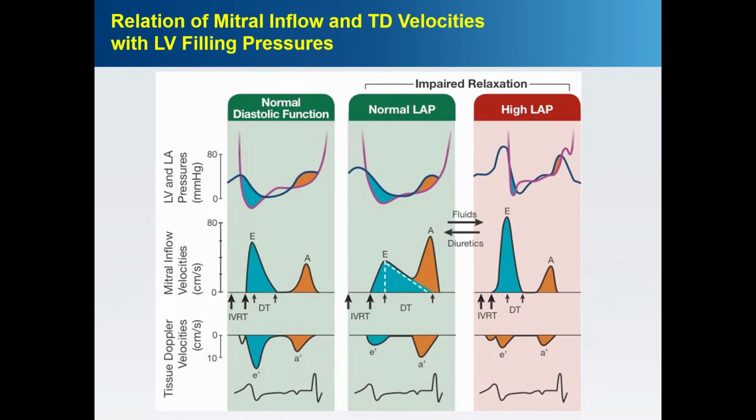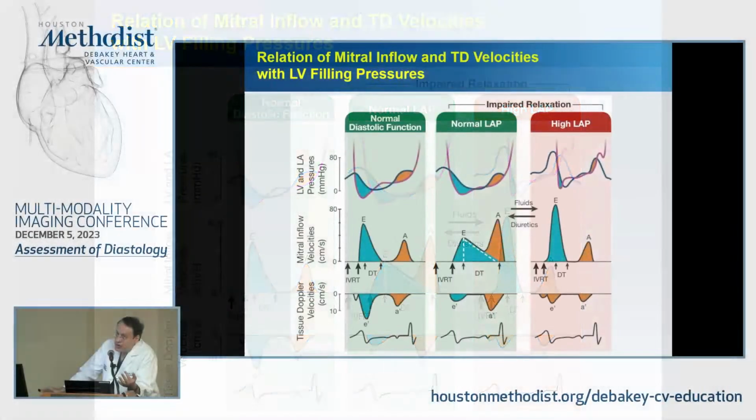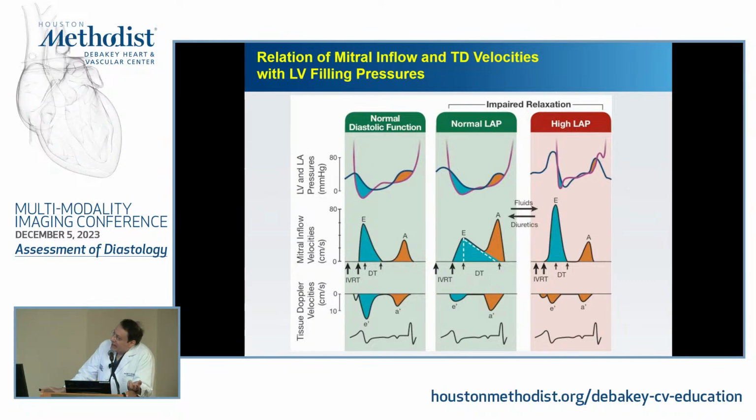The atrium before its contraction has more blood because less emptying has happened in early and mid diastole, and that triggers a more forceful LA contraction by the Starling mechanism, giving rise to that A wave, assuming that the atrial contractility is still preserved.